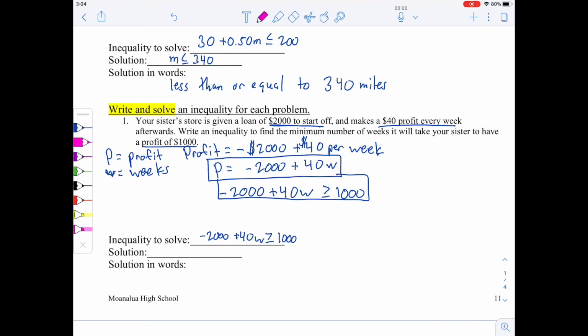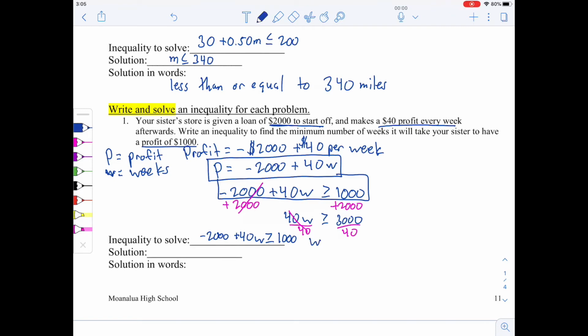Then we solve it. So get rid of this single number. So do the opposite, right? So add 2,000 first on the variable side. Then we're left with 40W is greater than or equal to 1,000 plus 2,000, 3,000. Divide by the coefficient of W to get W by itself.